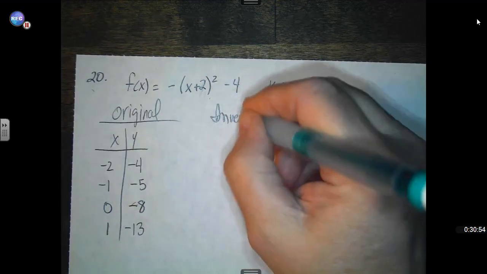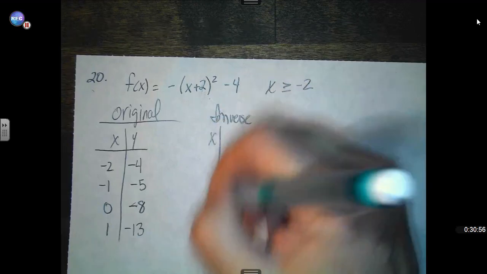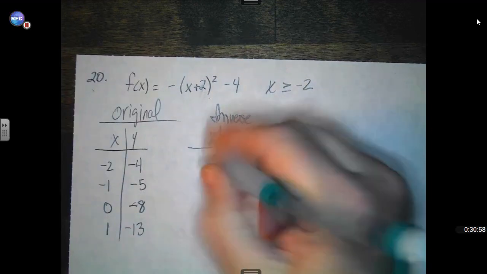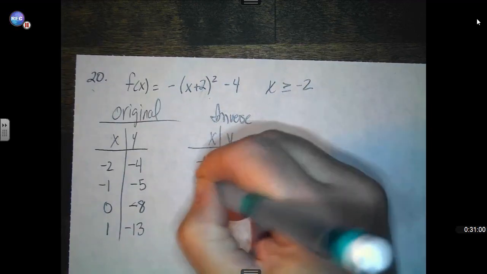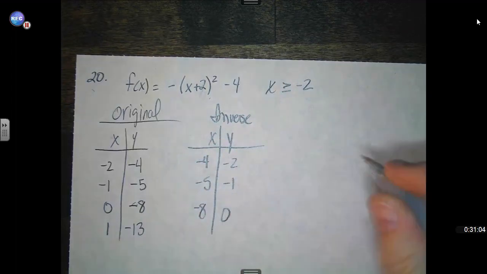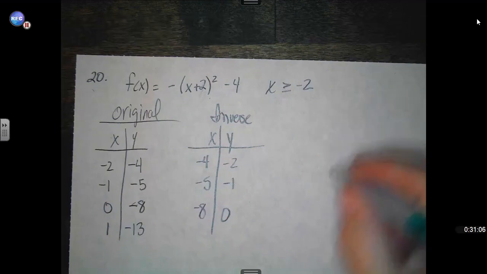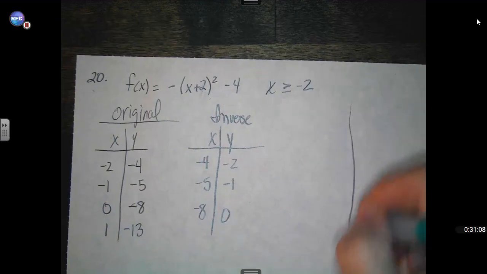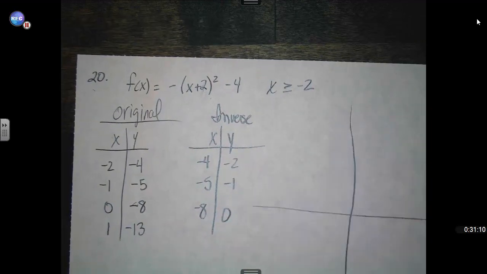And then for the inverse, that will be -4, -2, -5, -1, -8, 0. Okay, so let's see if we can put that together over here. That's a terrible line.